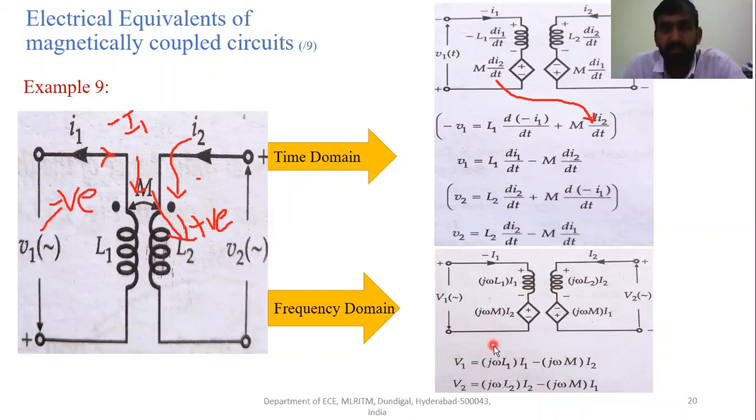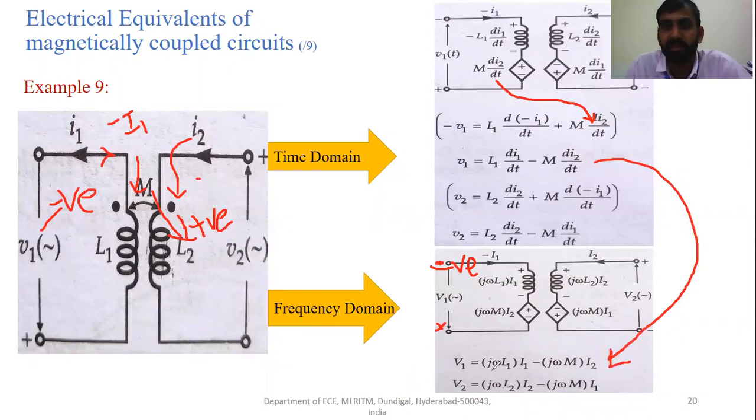So again, as V1 is negative over here, let us make this negative, and this is going to be positive, right? So according to this equation, let us make this equation.